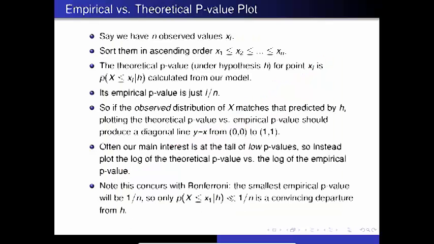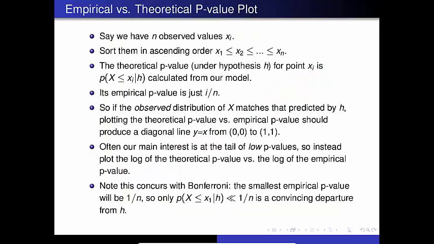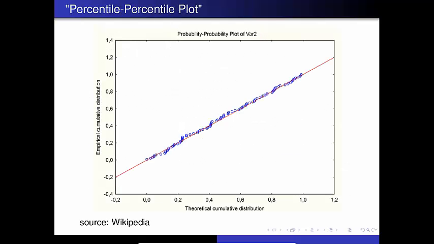If you saw that, you definitely would not reject H0, right? Of course, oftentimes our interest is in the tail of low p-values. That's the place where we're typically most interested. If we've got a big data set, those low p-values are all going to be clustered down in this tiny little spot down here.